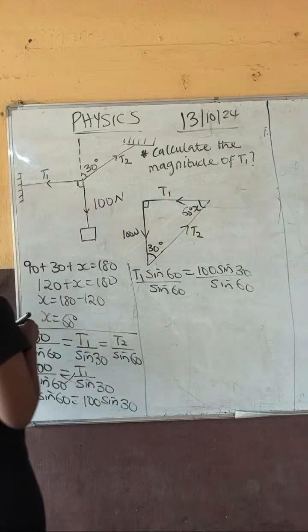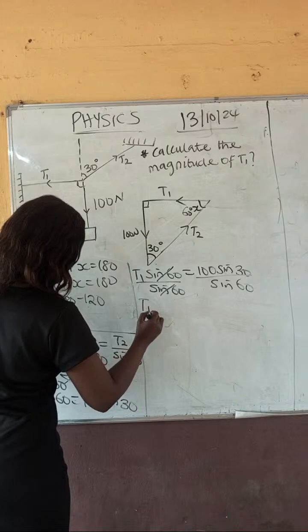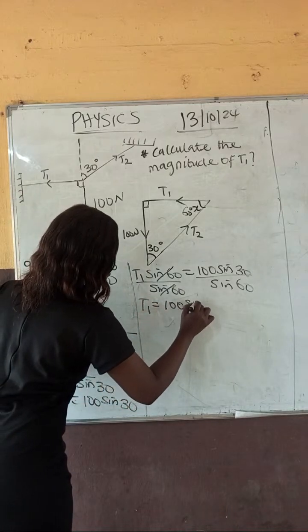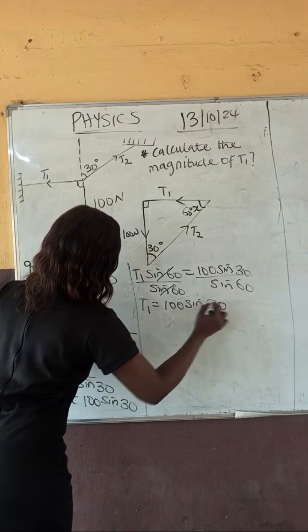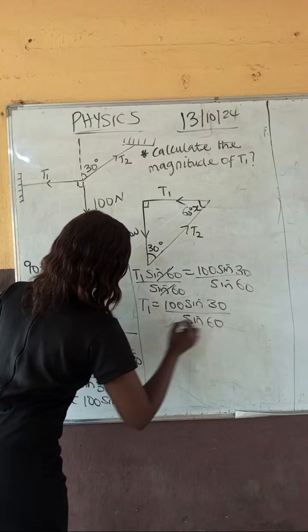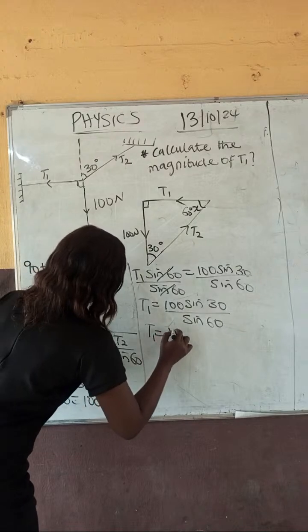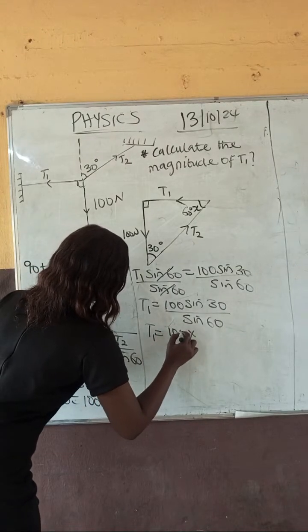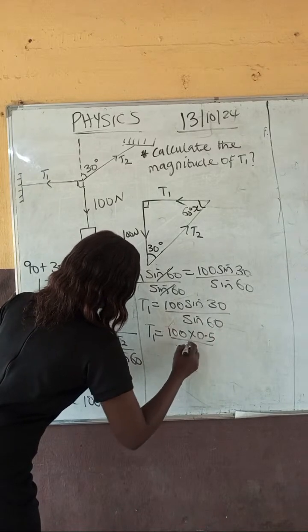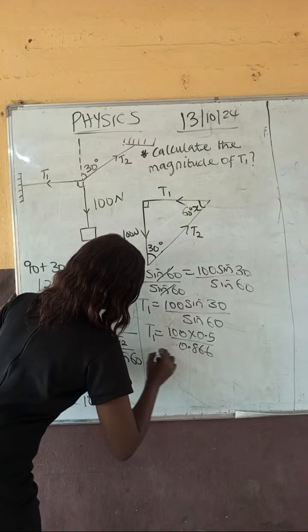So what do I have? This cancels this, I have T1 is equal to 100 sine 30 divided by sine 60. This is 100 times 0.5 divided by 0.866.